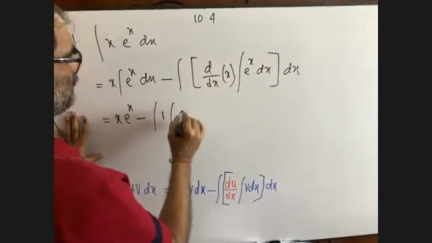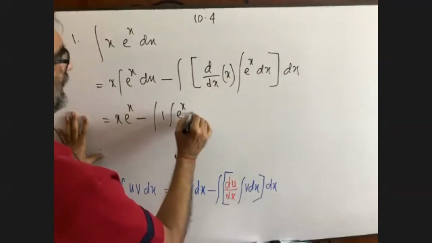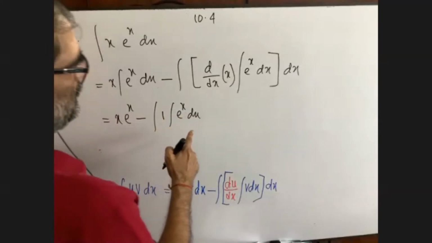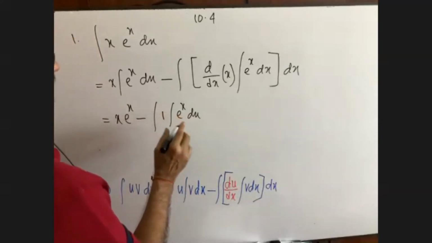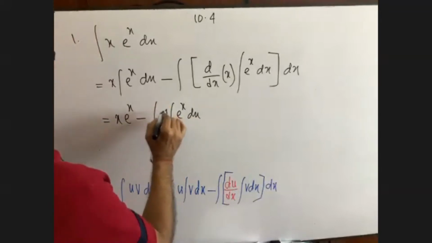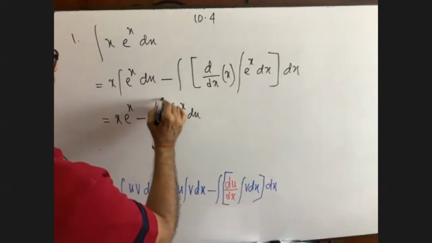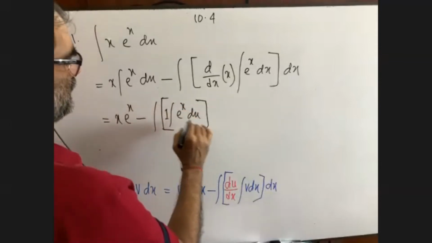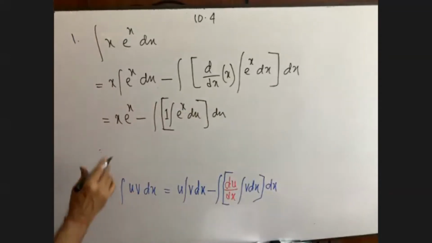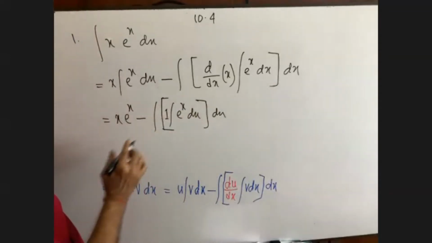Again it is e^x dx. Actually, this one we don't have any value, but for the first math I am going to write this one, third bracket, this is dx. This one has no value.